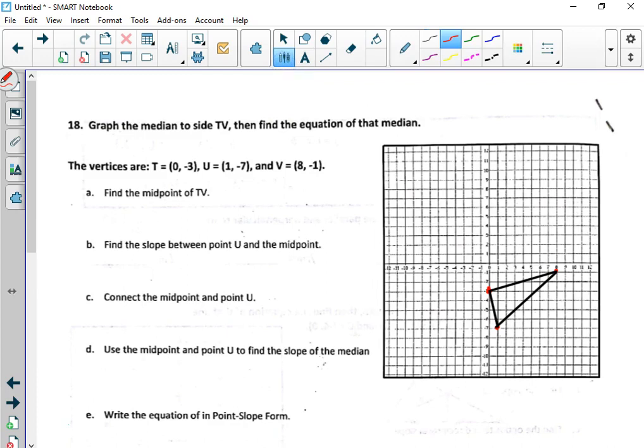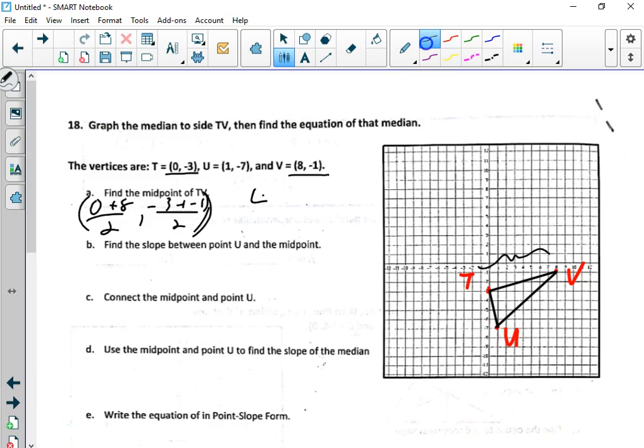Okay, so we're going to first label these. T, U, V. It says find the midpoint of TV. So that's going to be right there somewhere. So we're going to use T and V. 0 plus 8 divided by 2. -3 plus -1 divided by 2.